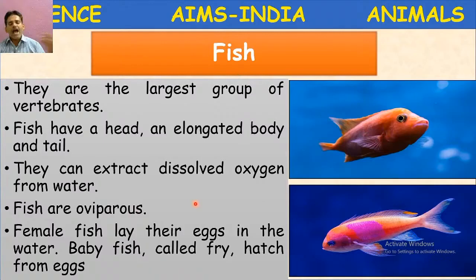Amphibians as well as the fishes, both are cold-blooded. Cold-blooded means their body temperature does not remain constant. They change their body temperature according to change in the environmental temperature. So these are some of the characteristic features. And only a two-chambered heart is present in these fishes.